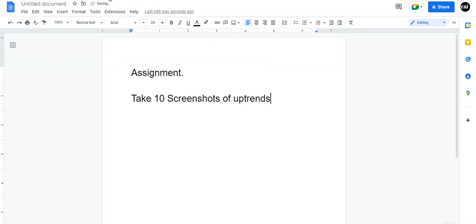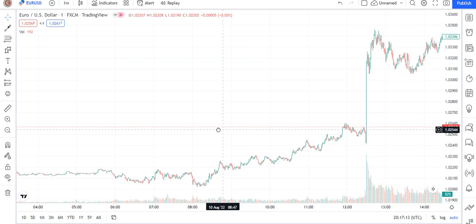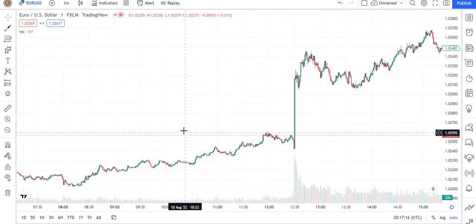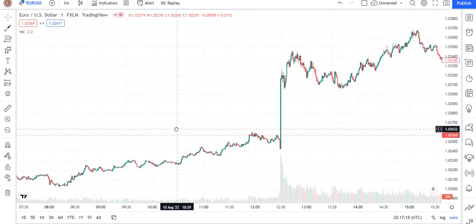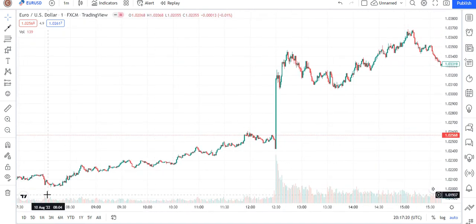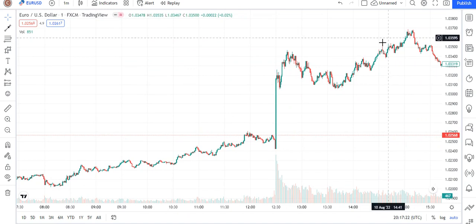So that means you will go to your chart. For example, this is an uptrend here. You just capture this uptrend. You can look at it now, it is going up, up, up, up, up. So capture the uptrend like this.